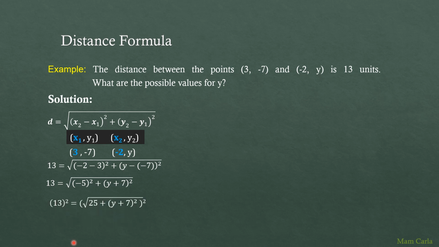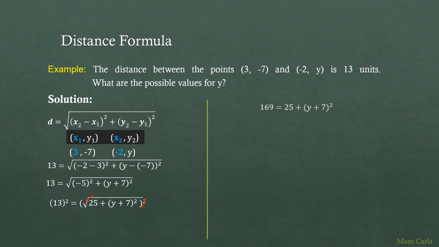We square both sides. The square of 13 is 169, and the square of the square root of 25 plus (y plus 7) squared will cancel out.